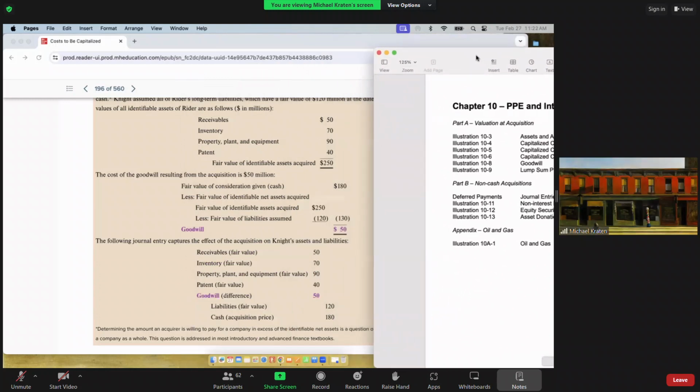I just wanted to ask, how do you calculate goodwill again? Okay, so goodwill is an asset that you purchase.